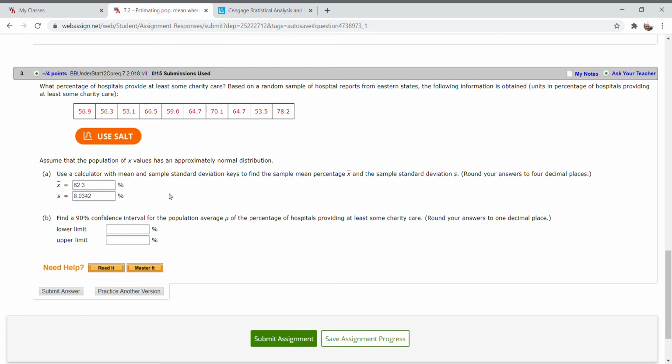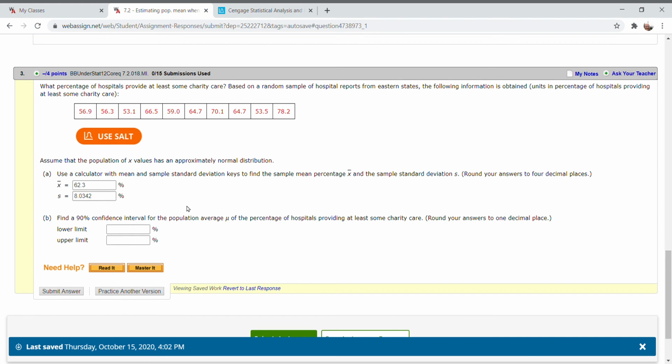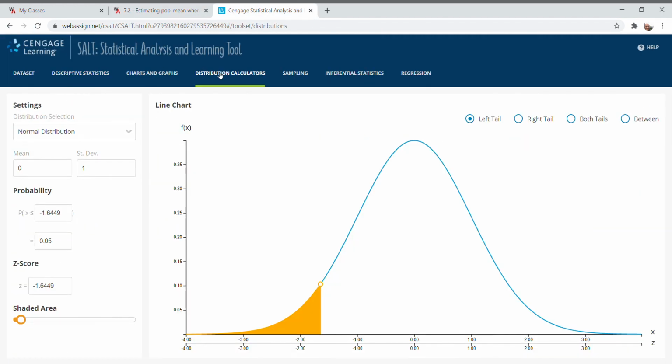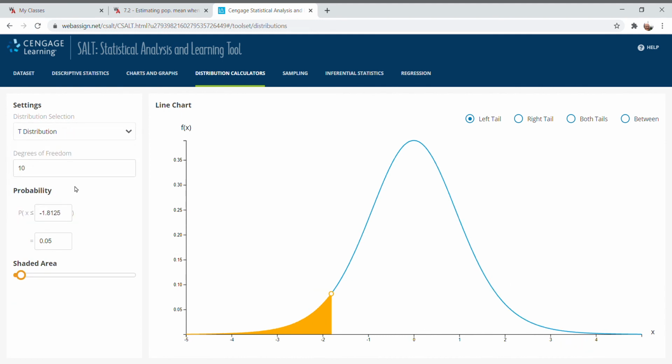Like number 2, we don't have a prompt for a T cutoff or a margin of error. So I've got a notebook here in front of me. I'm just going to sketch them down. When we go to distribution calculators, T distribution, we had 10 data points, so our degrees of freedom is going to be 9.